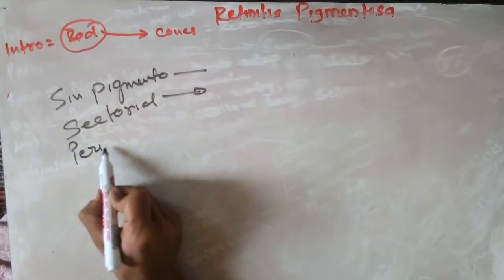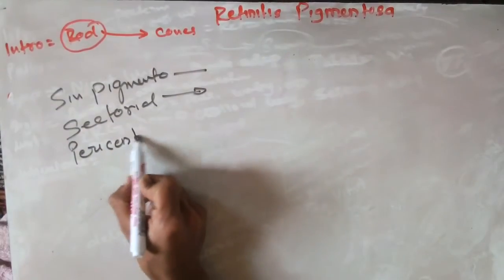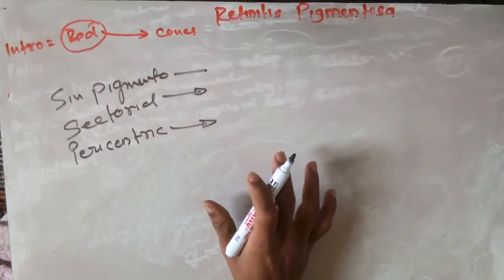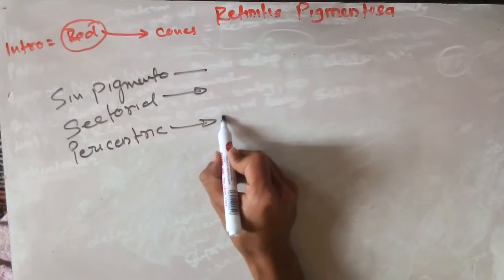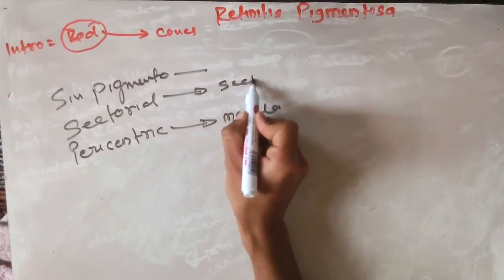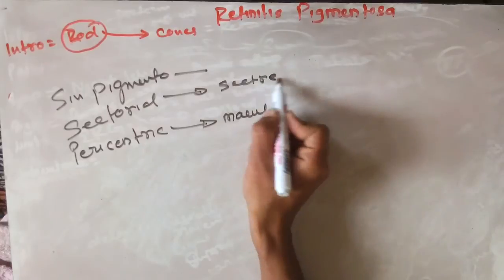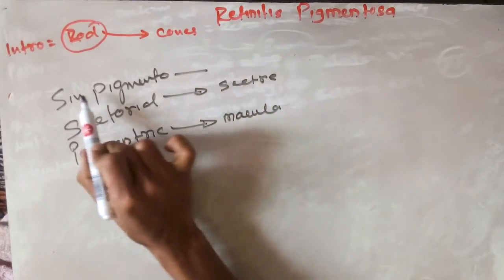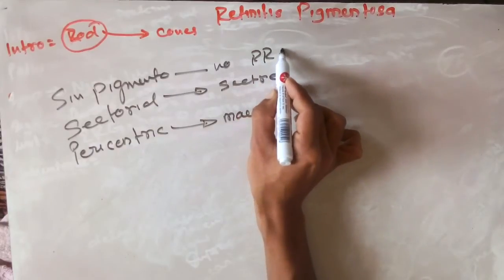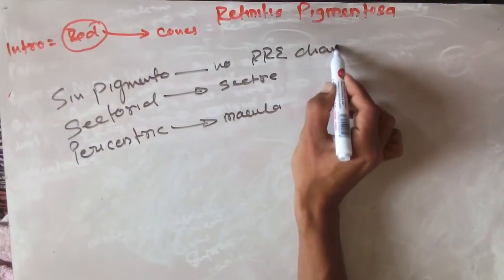Pericentric retinitis pigmentosa means the retinal pigment changes are around the macula. Sine pigmento has no retinal pigment epithelial changes.